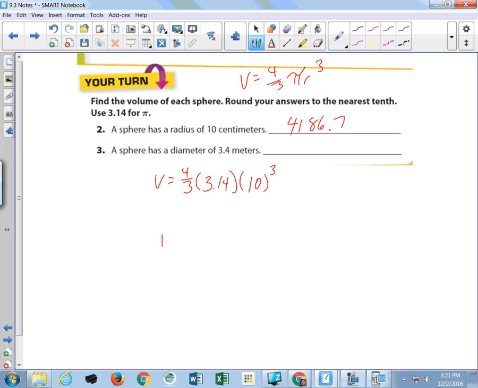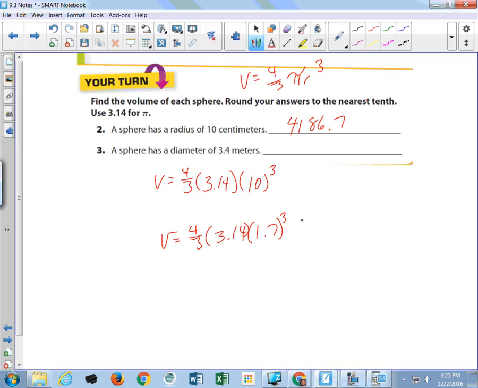Next problem, V equals 4/3 times 3.14 times the radius cubed. This is our diameter, 3.4 this time. We need radius, so we need to take our diameter and divide it by 2. 3.4 divided by 2 is 1.7. So that's 1.7 cubed.